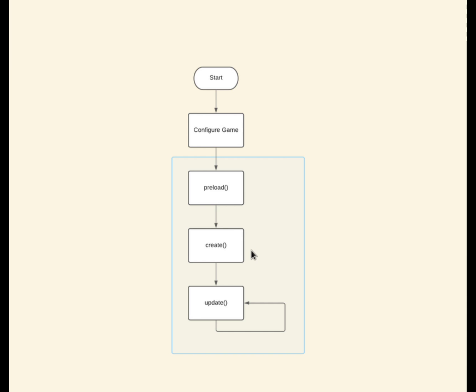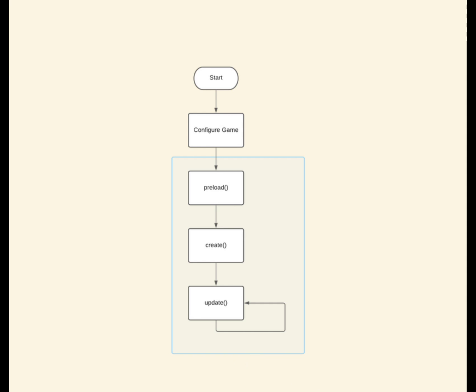The create function that we write will actually create the game world, all the scenery and objects and characters in it. And then the update function gets run over and over again. There's this little loop here. It gets run over and over again to actually carry out the game, to redraw the scene, 60 times a second, to respond to controls and make the animations happen and all the things like that.